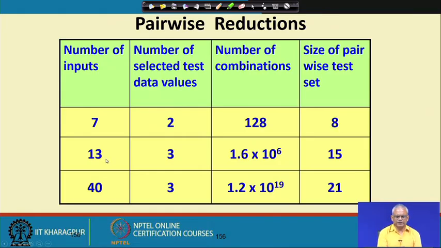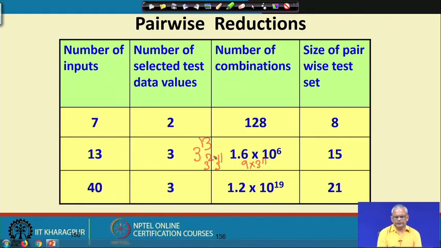If the number of inputs is 13 and each can take 3 possible values, then the number of possible combinations, or the number of columns in the decision table, becomes 3 to the power 13, and this we can write as 1.6 into 10 to the power 6, because this becomes 3 to the power 2 into 3 to the power 11, and that becomes 9 into 3 to the power 11.